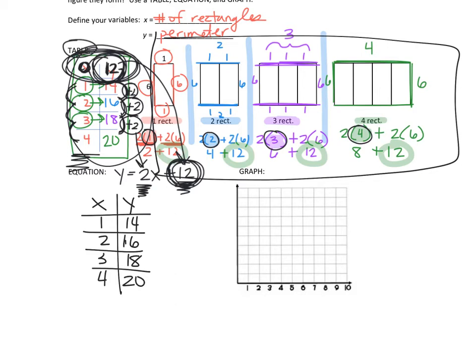Okay? If we graph this, you need to make sure that you are being specific with what you're counting by on your axes. Okay, so this one down here, this one is our x, which is our number of triangles. Okay, the vertical is our y, which is our perimeter. In order to fit up to 20, I'm not going to be able to count by ones.